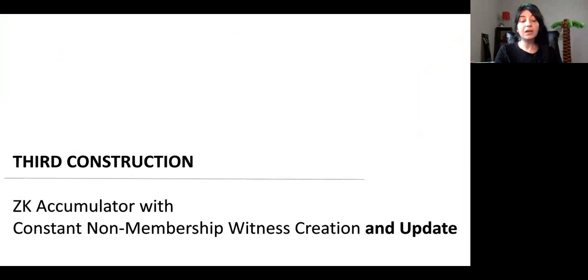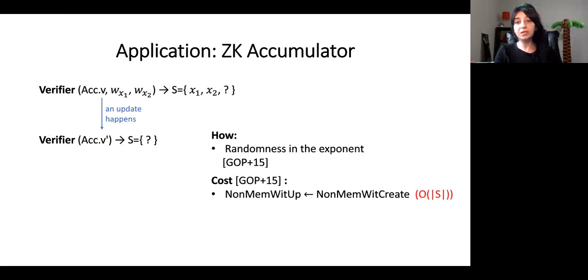And finally, our third construction is an application of a previous universal accumulator, and it has to do with zero-knowledge accumulators. So let me define a zero-knowledge accumulator for you. We have a malicious verifier that can see the accumulator value and a couple of witnesses, let's say here for X1 and X2, and we want to prevent them from inferring anything else about the set.